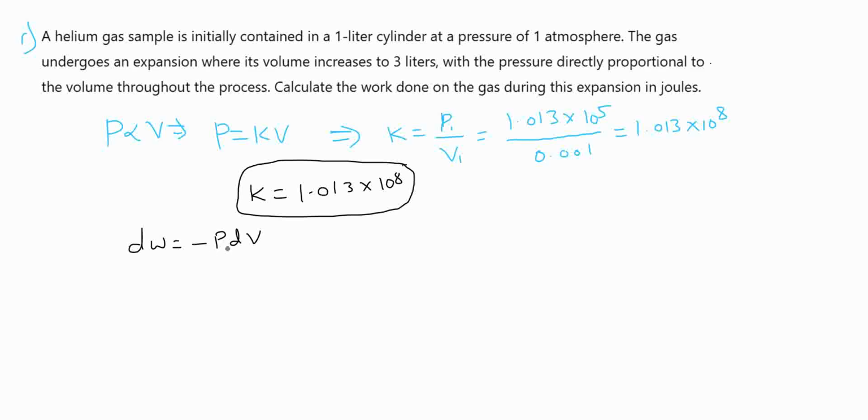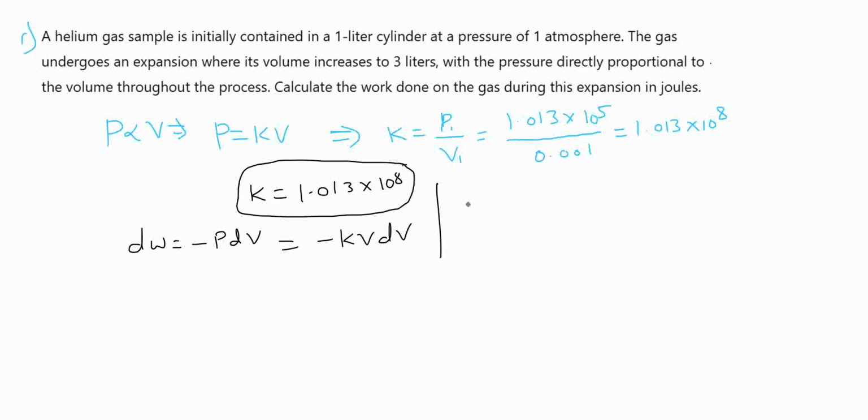Negative of negative will be positive. So if we get positive, that implies work is done on the system, and if we get negative, then work is done by the system. So minus PdV, and P is equal to kV.